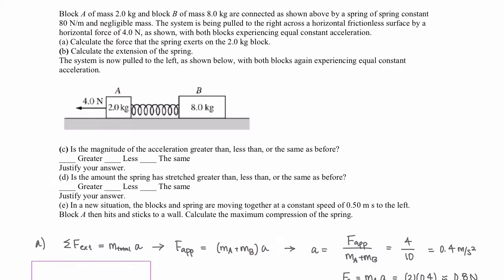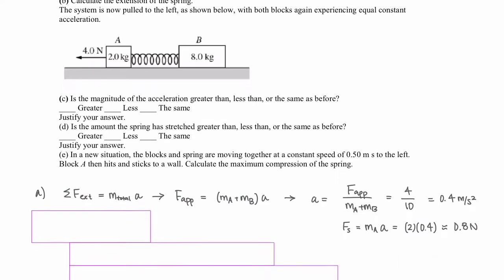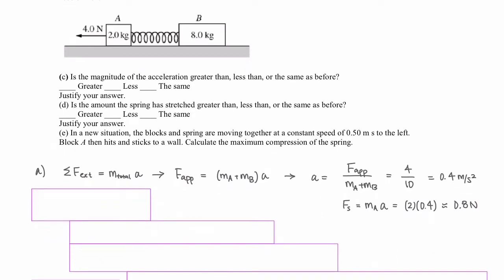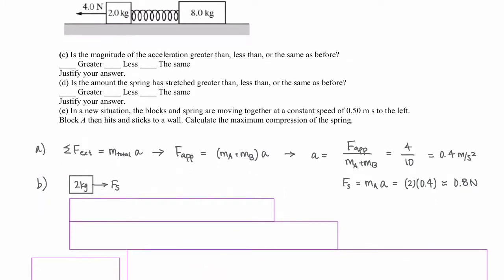Part B. Calculate the extension of the spring. Well, let's start by drawing a free body diagram. Like we mentioned in Part A, the force of the spring to the right is responsible for moving the 2 kilogram block.